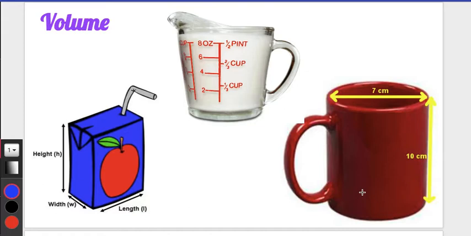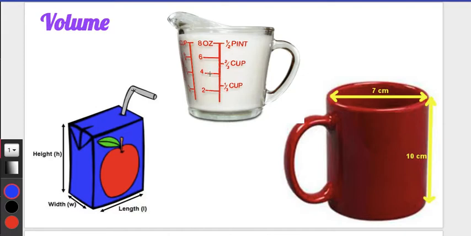For example, if you love cooking or baking, when you check the recipe, it always tells you how much flour you need to put in there, how much milk you need to put in there. And sometimes we say it's 1 cup or 2 cups, or sometimes we say this is 6 ounces.